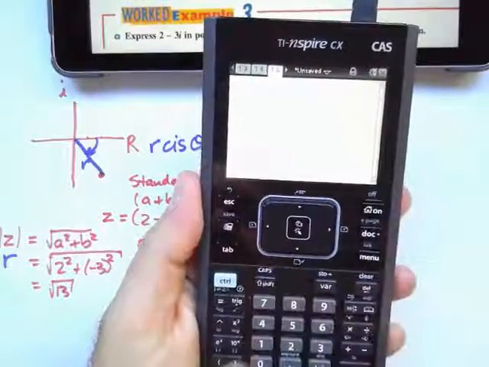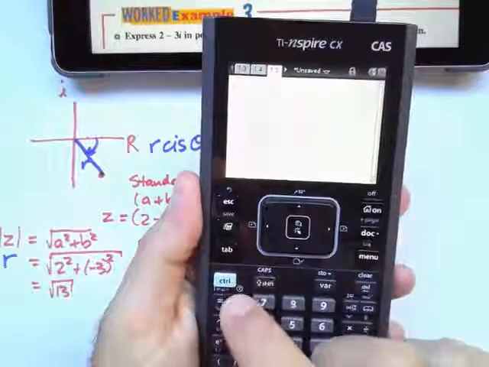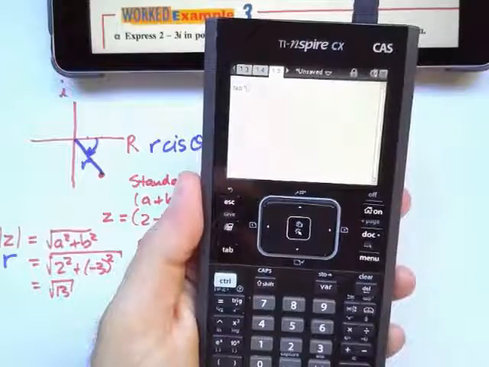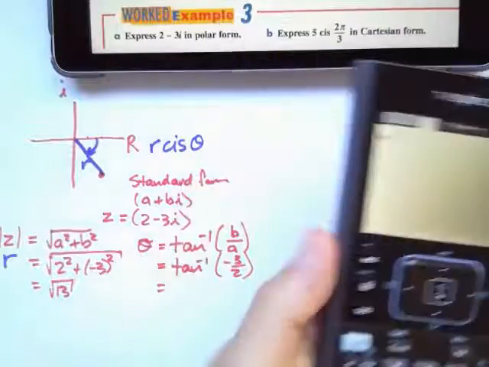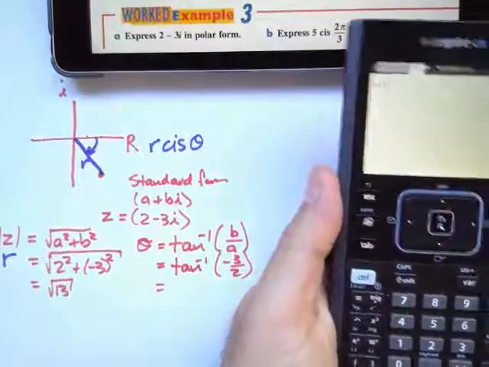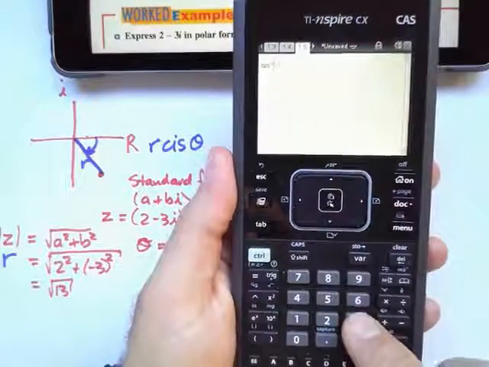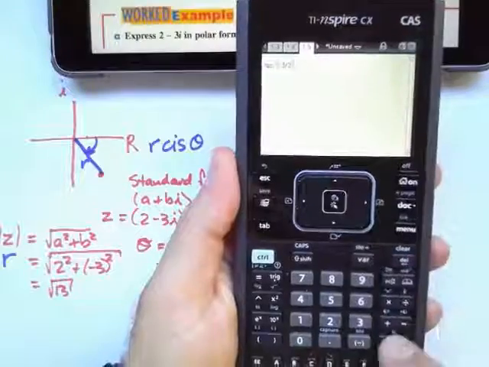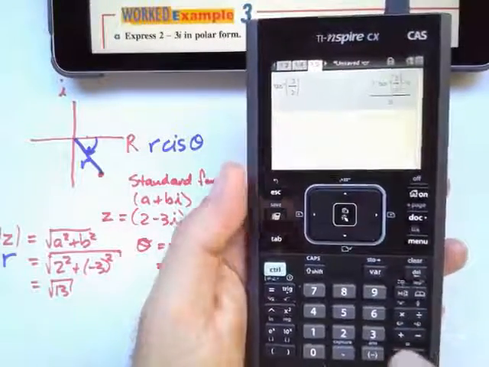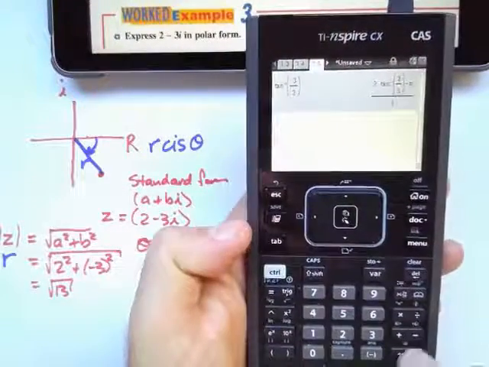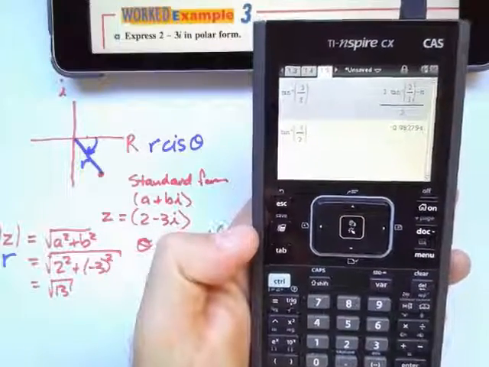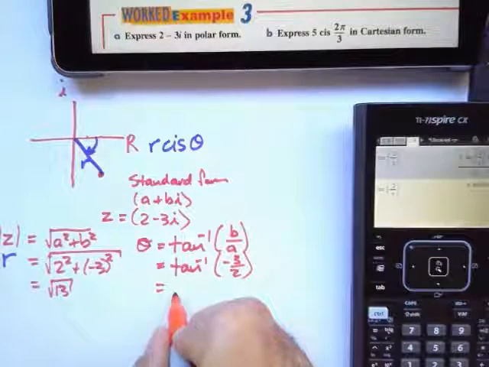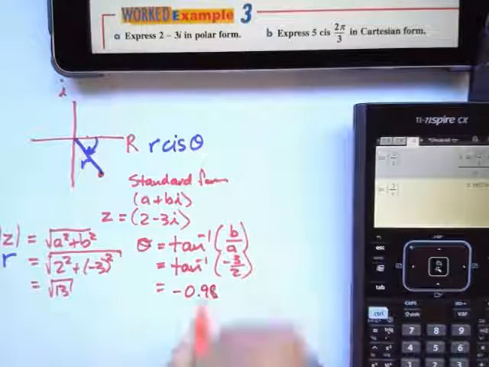Now I'm going to say it is the arctan, trigonometry arctan, enter, and my value is negative 3, so negative 3 divided by 2, enter, and the answer is negative 0.98.